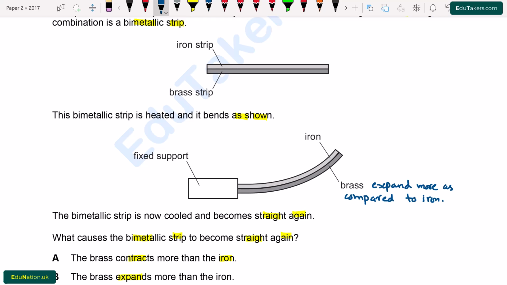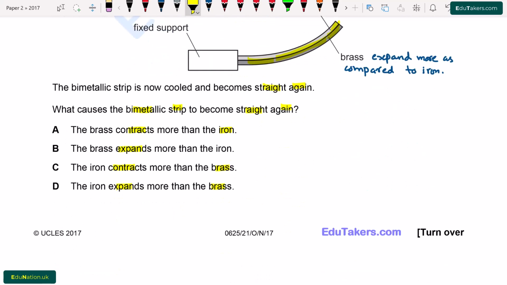When the bimetallic strip is heated, which is shown in this figure, the brass expands more than the iron. That's why the brass bends towards the iron. It means that from here, option B is correct. The brass expands more than the iron. So I circle option B.